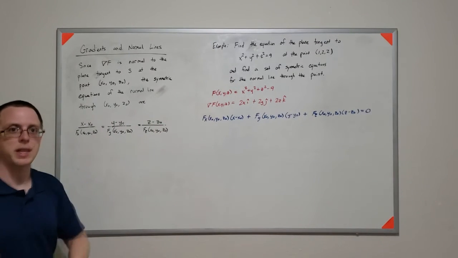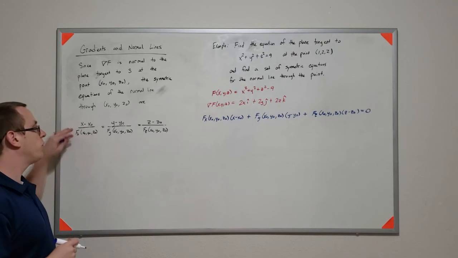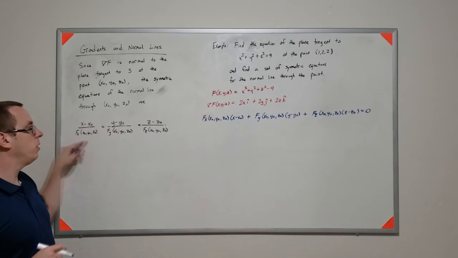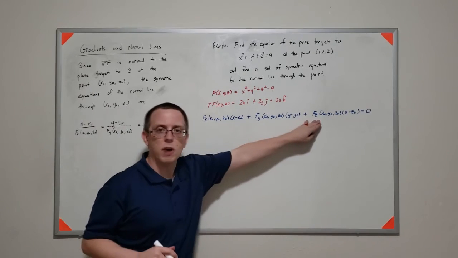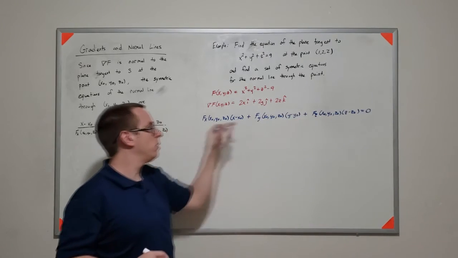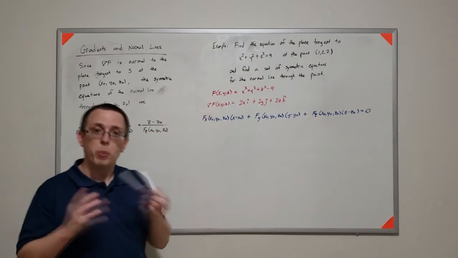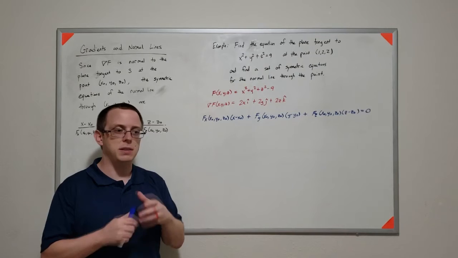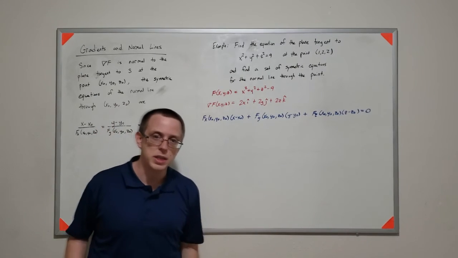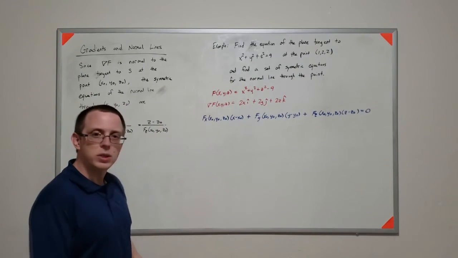You have literally the exact same components. It's just for this one, they're equal to each other and you're dividing, and this one you're adding together and equaling 0 and multiplying. So from a practical standpoint, you have to do the same amount of work to get these answers. That's kind of convenient.